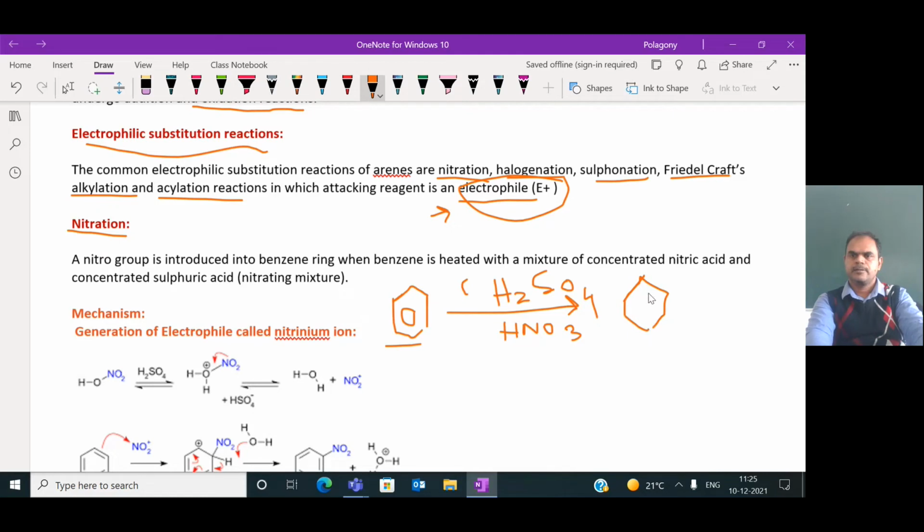The product is nitrobenzene. We get the nitrobenzene compound.